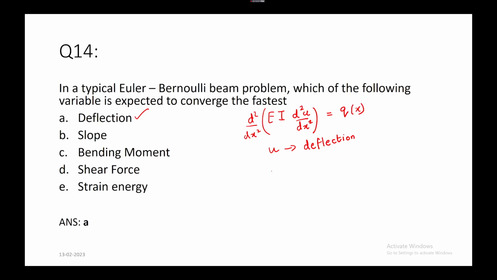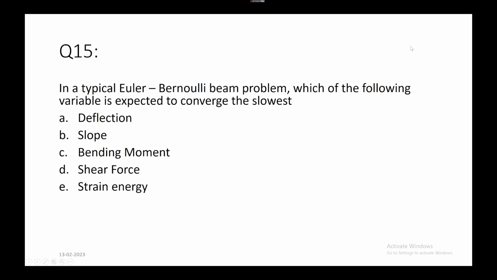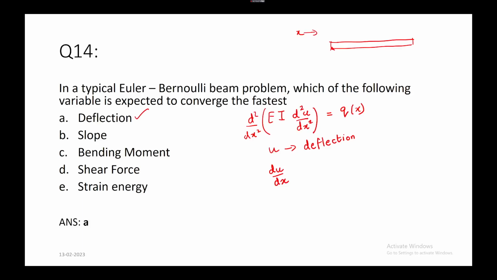So what is du by dx? Let us say this is your beam, this is x, so it deflects something like this. So u is a downward deflection in this case, it could be upward also.